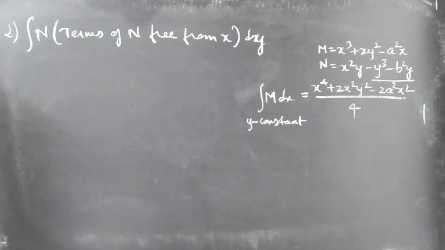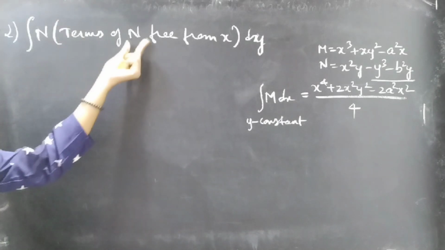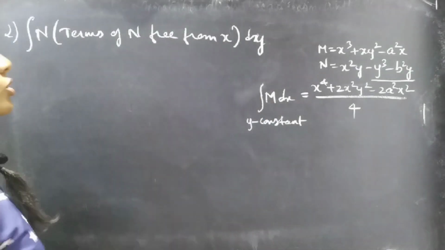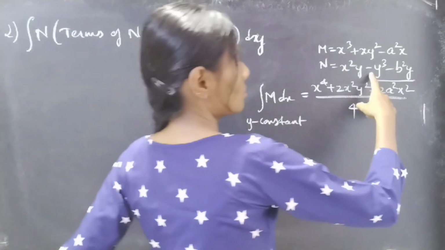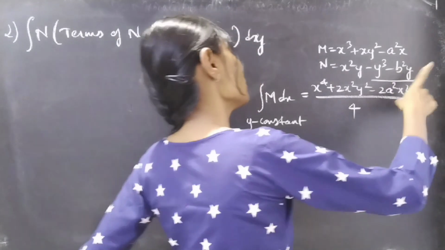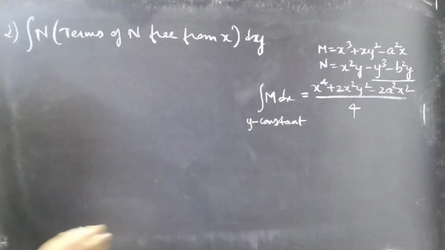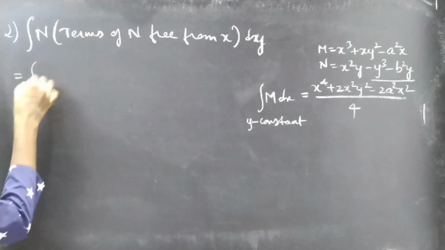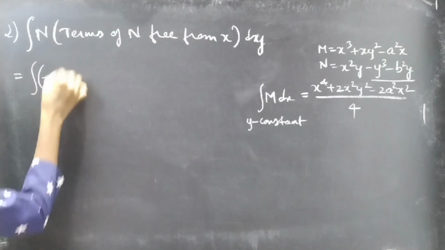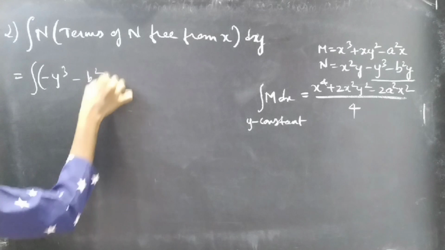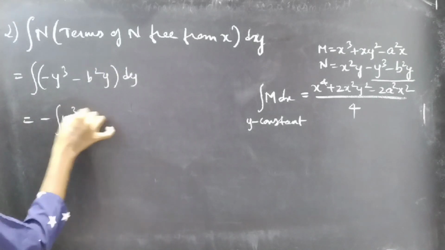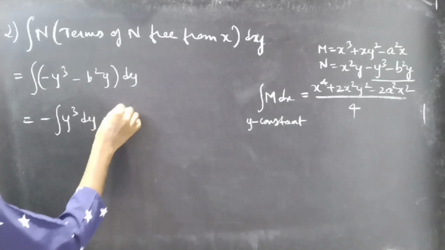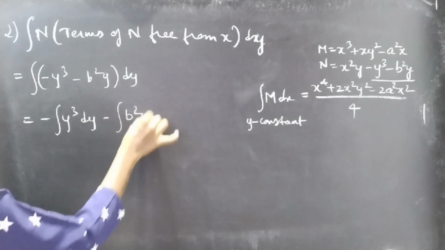Now coming to the second one, the integral of the terms of N free from x, into dy. The terms which are free from x in N are minus y cube minus b square y. So let's take minus y cube and minus b square y in the integrand. We'll get the integral of minus y cube minus b square y into dy. This is equal to minus the integral of y cube dy minus the integral of b square y dy.